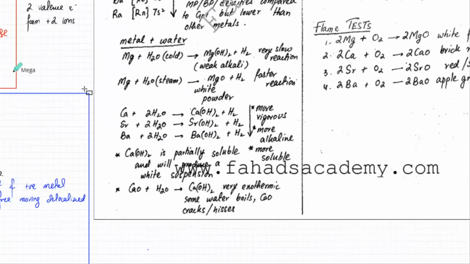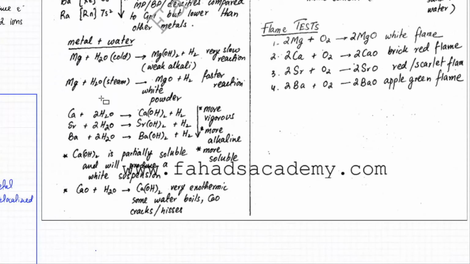And then the first reaction is with water. Now with water, the reactivity increases down the group. So the first one has a very slow reaction with water. With cold water, it's a very slow reaction or almost no reaction.